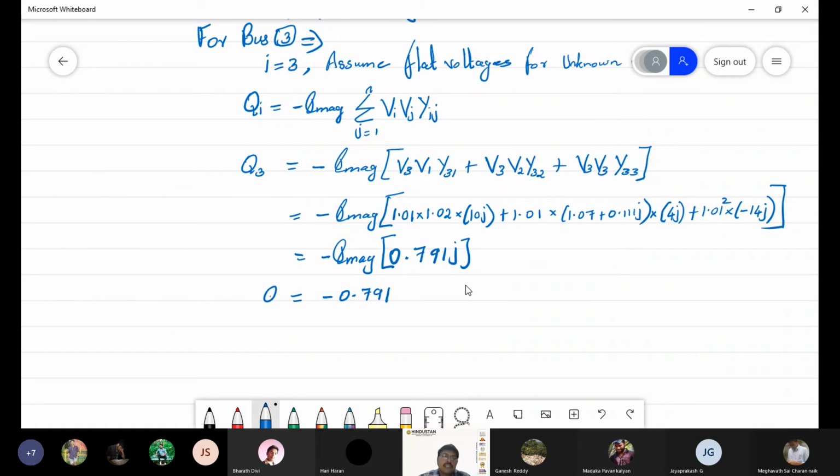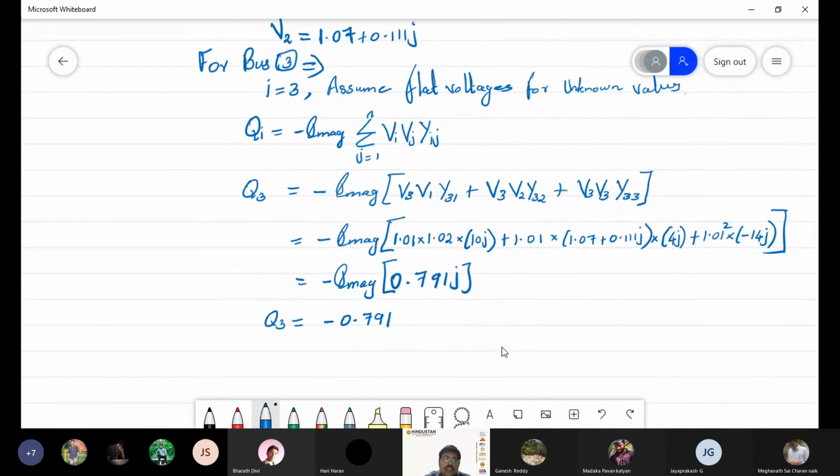This is the value we got through our formula, that Q3. But sometimes they may specify the limits of Q3. If it is not specified, you can take the same value for the calculations, and that will be over.